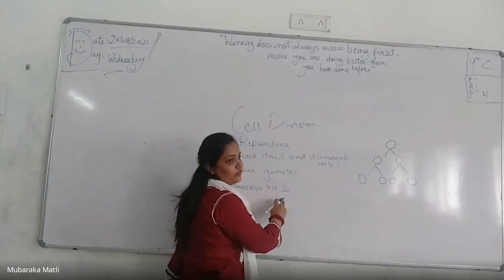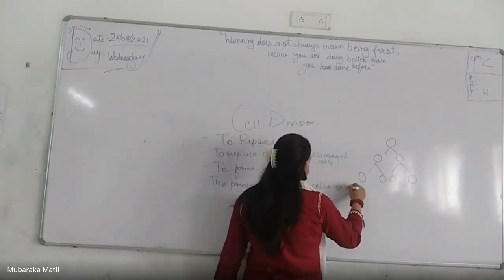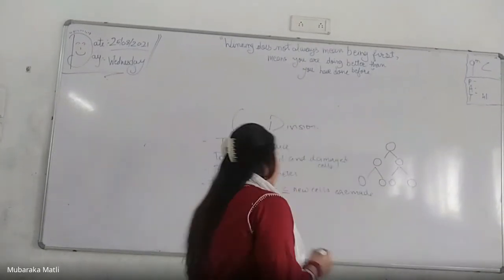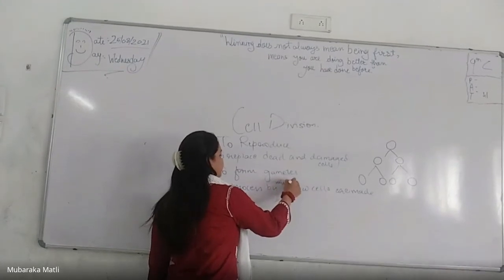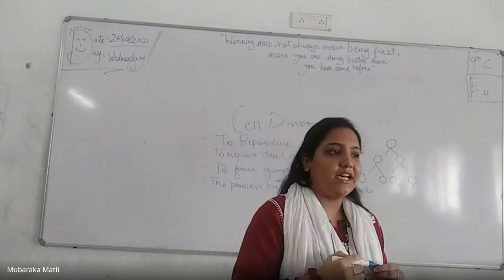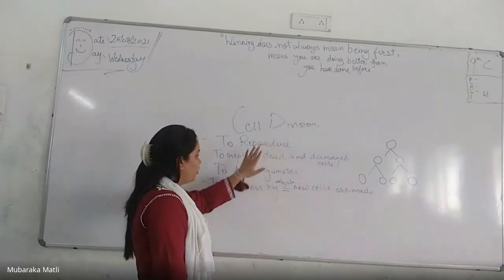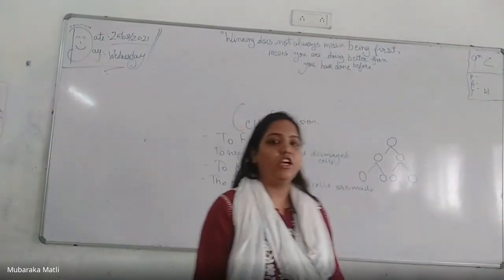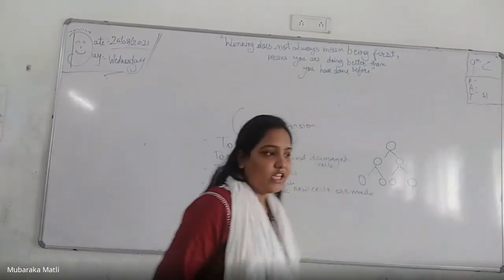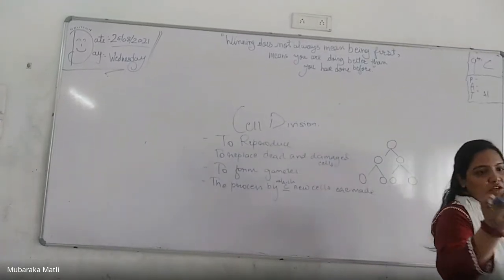The process by which new cells are made to replace dead and damaged cells, to reproduce, or to form gametes is called cell division.